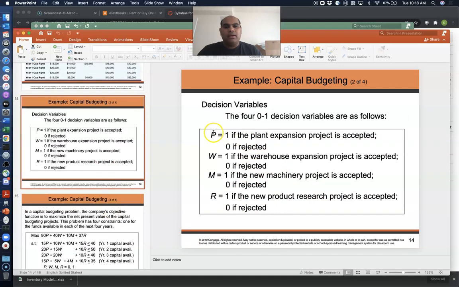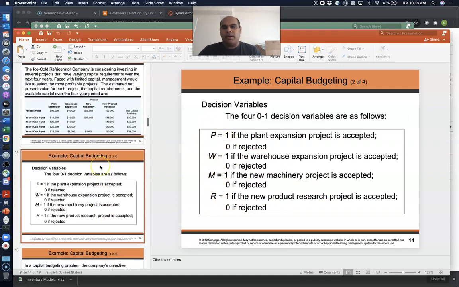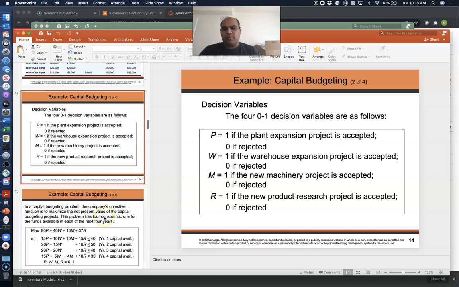We have 4 variables: P, W, M, and R. P for plant expansion, W for warehouse expansion, M for buying new machinery, and R for new product research. These are 4 binary variables. P will be 1 if you choose the project, 0 if you don't. The same goes for W, M, and R.